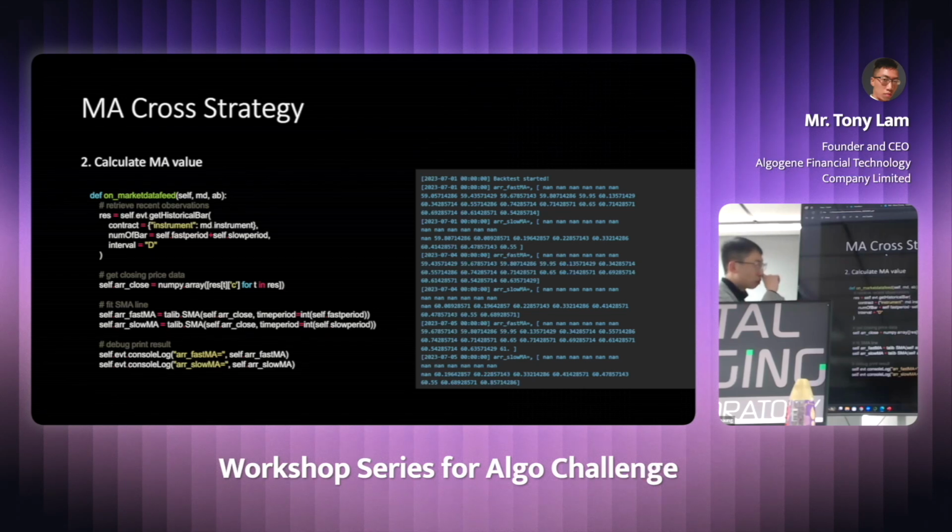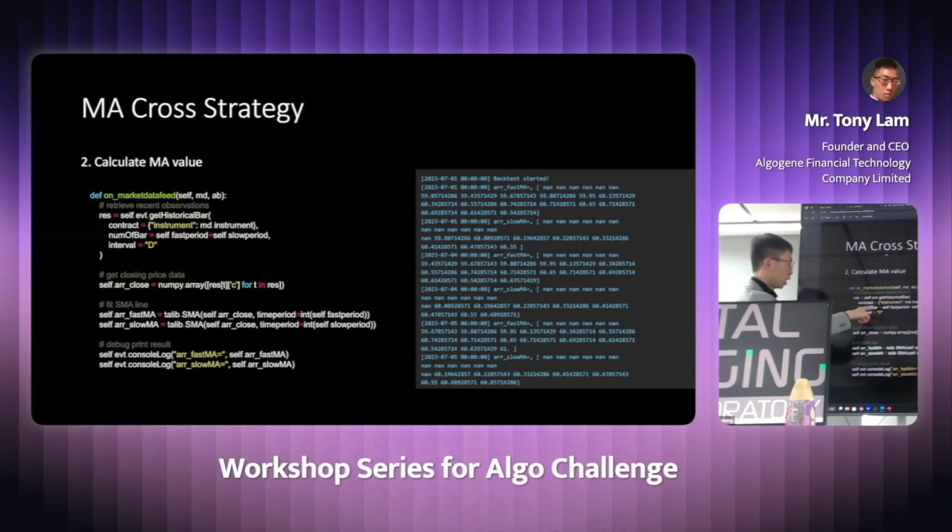So, in our trading strategy, we mentioned that we need to fill in our logic under the market data function. First of all, we will use this function to collect the previous observations.